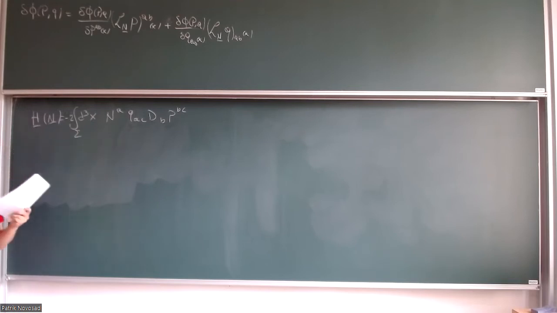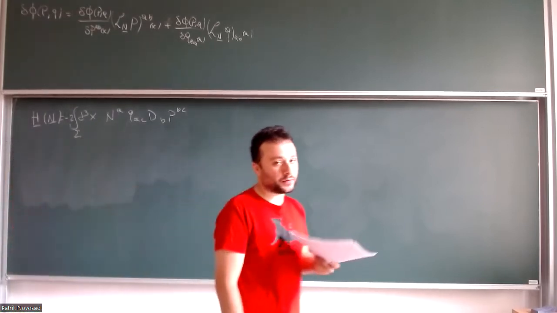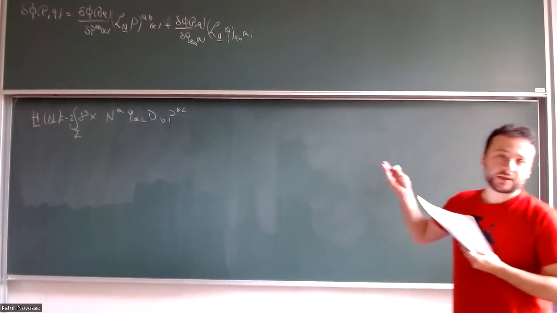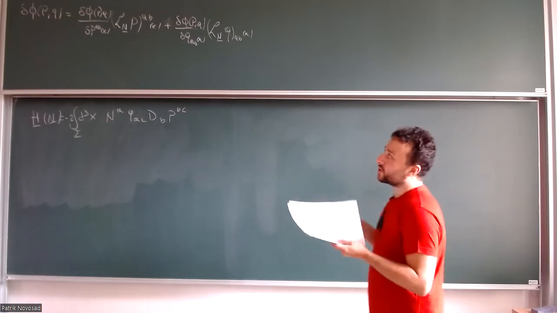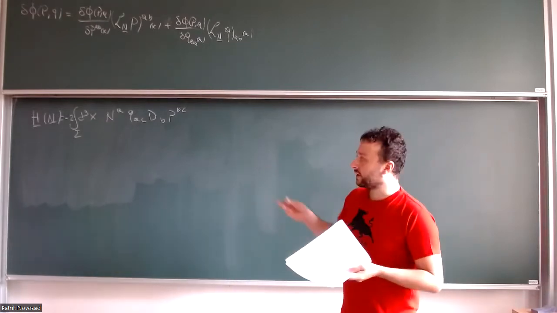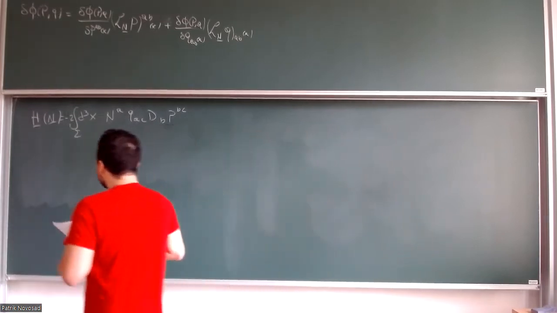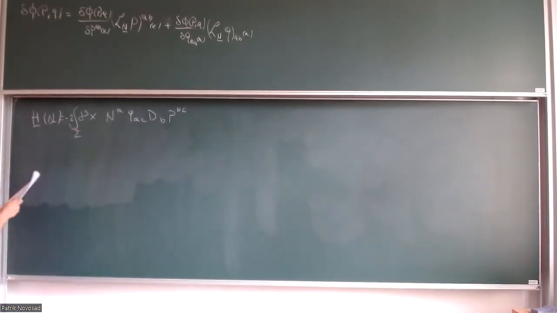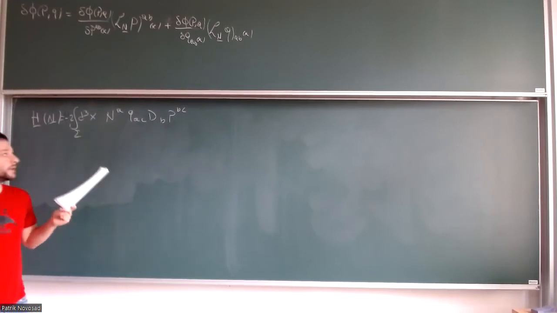Now, we want to calculate the variation of this vector constraint, the variation with respect to the metric tensor and its conjugate momentum, because in the Poisson bracket we have exactly the variation of that with respect to the two variables. But in order to do that, we want to write this differently.